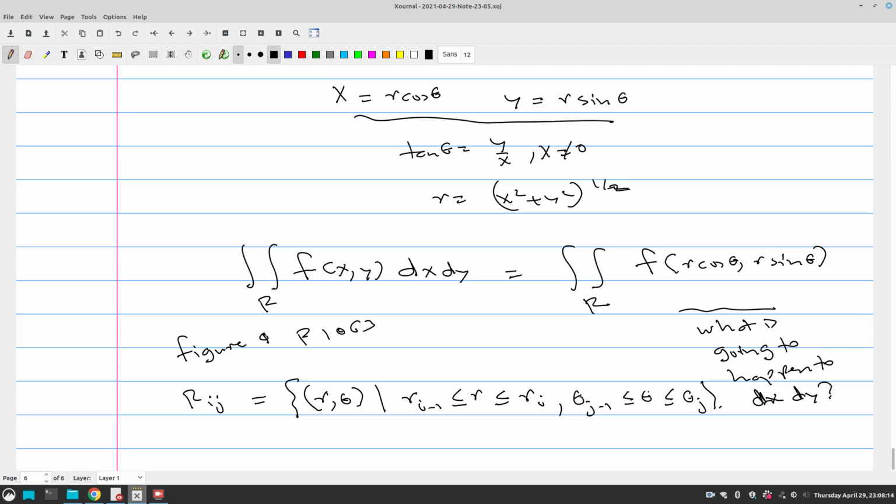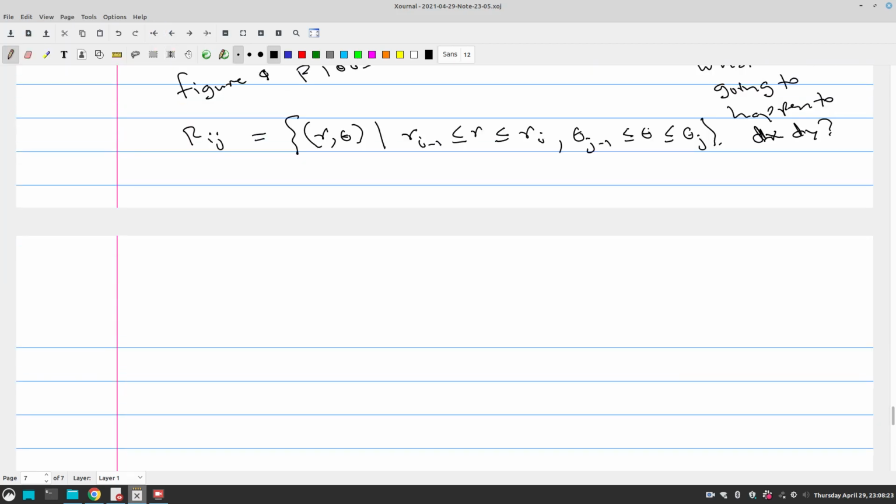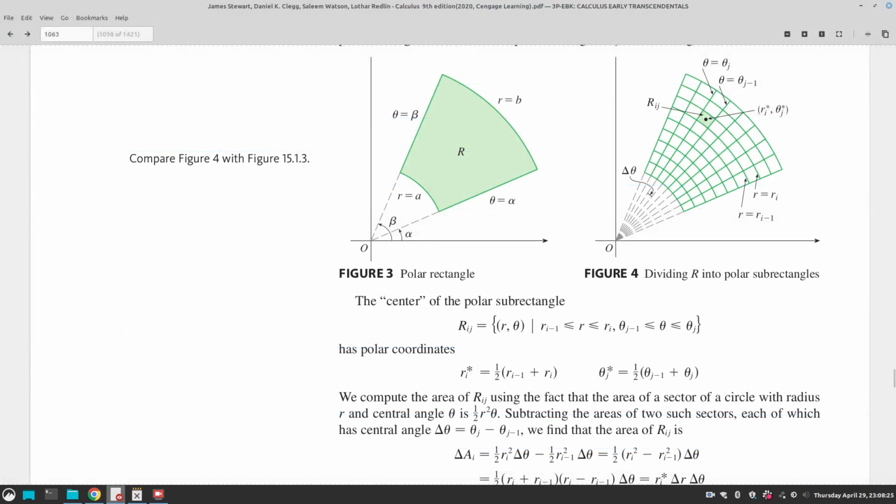Now the question is, what is the area of this little green subrectangle?